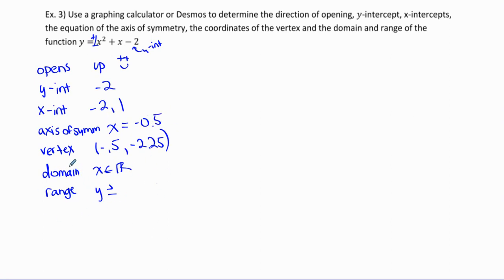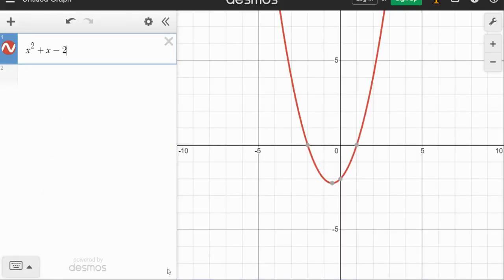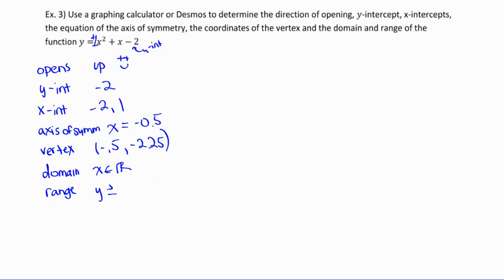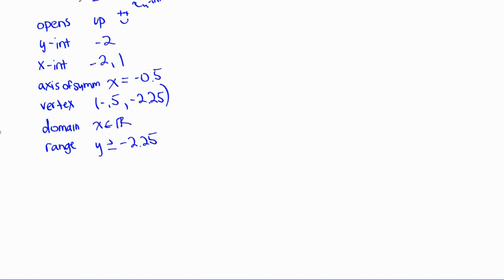And my range: my graph passes through all y values that are higher than this -2.25 point. And that's it. There's our range, domain, vertex, axis of symmetry, x-intercepts, y-intercept, and the direction that it opens.